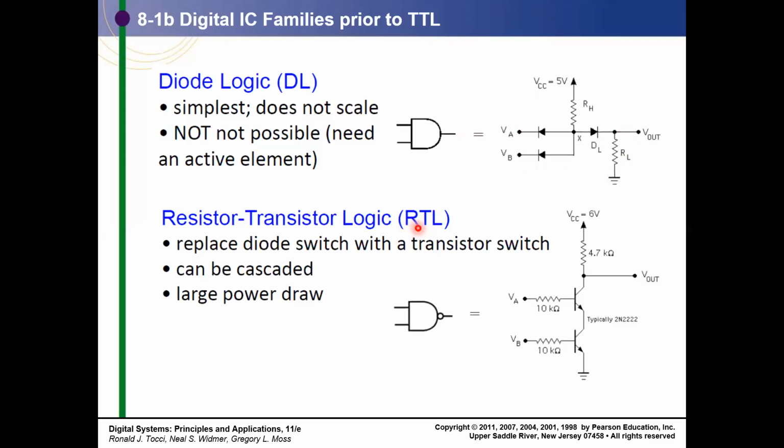Then came resistor transistor logic, where you used a transistor as a switch. Now there are two switches, for example here, this is a NAND gate which we have shown. There is one resistance which is just 10 kilo ohm, and here is one resistance which is 4.7 kilo ohm.